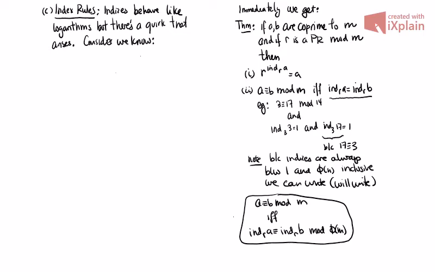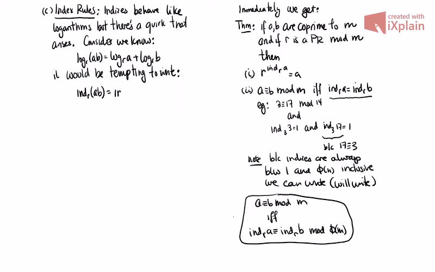This is the logarithm rule that I just mentioned: the log base R of AB is the log base R of A plus the log base R of B. So the following would be tempting: to write index base R of AB equals index base R of A plus index base R of B. This is tempting, this is, say, a wish.